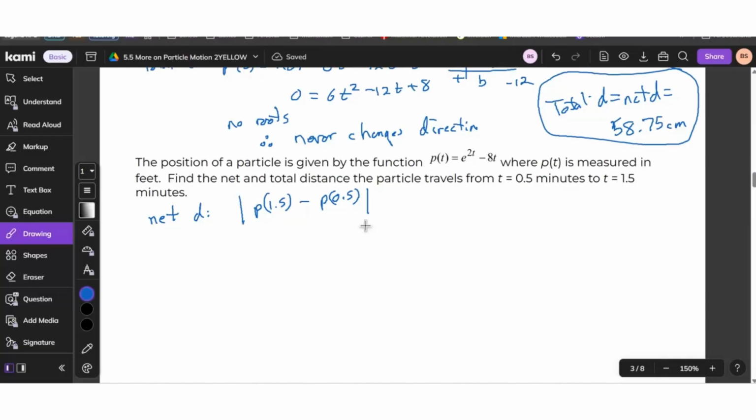Why the absolute value? Because it doesn't matter if it's moving left or right. It's a scalar. Let's not bother, let's just work it out fully in our calculators.